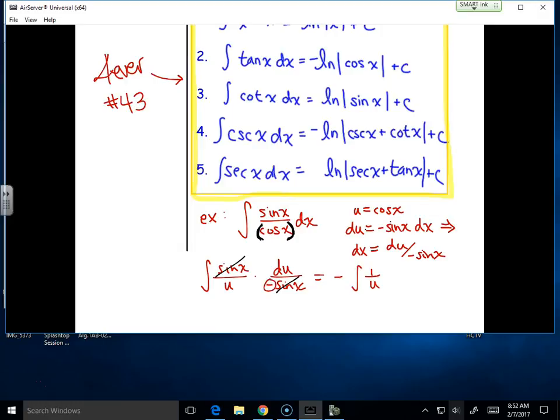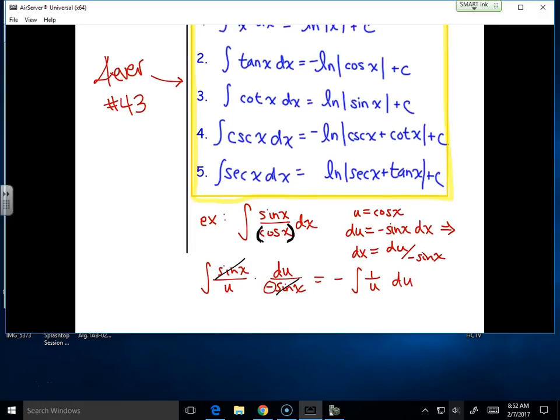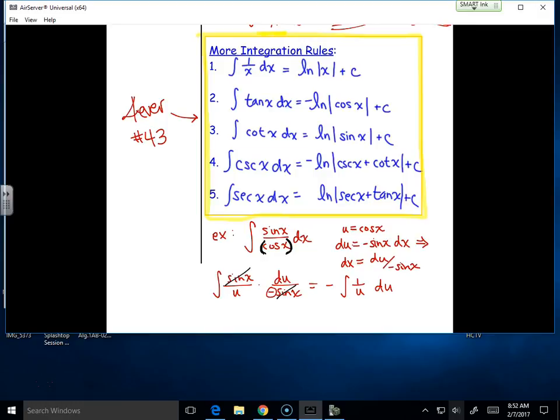I get 1 over u du. Wait a minute. What is the antiderivative of 1 over u? ln of absolute value of u. And then I say, who is u? U is cosine. U is important.